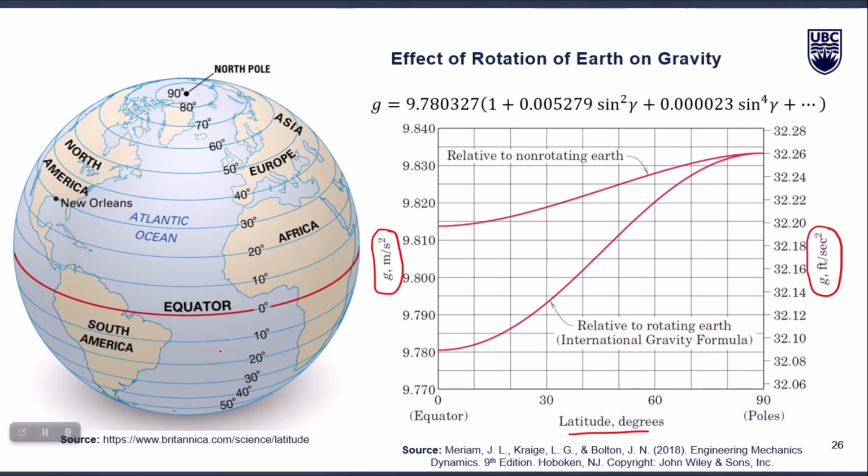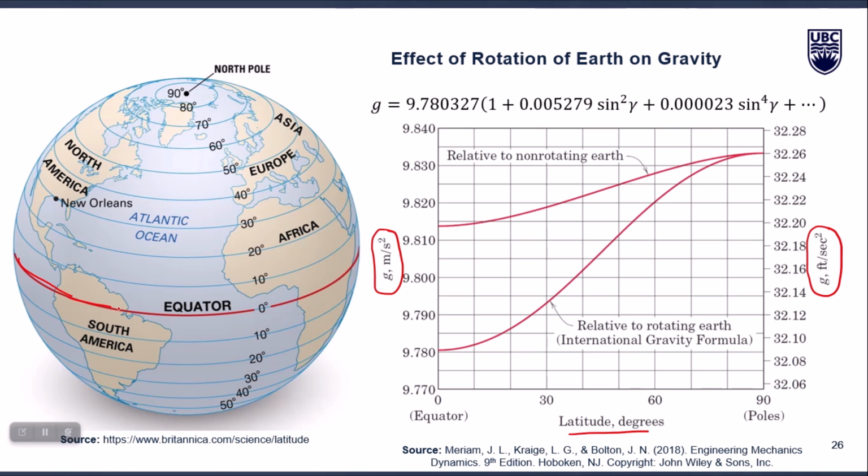When you are at the equator, that effect will be maximum, and when you are at one of the poles, that effect will be the minimum. And that effect is actually a reduction in the force of gravity and gravitational acceleration. So that reduction is maximum at the equator, which has a latitude equal to 0.